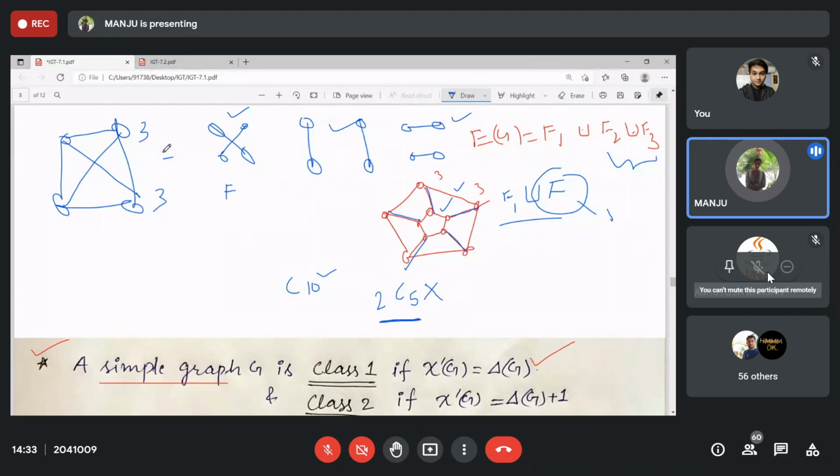Means you can write the edge set of this graph as F1 disjoint union F2 union F3, because you are not repeating any edge. Clear? As it was 3 regular, there will be 3 one factors.